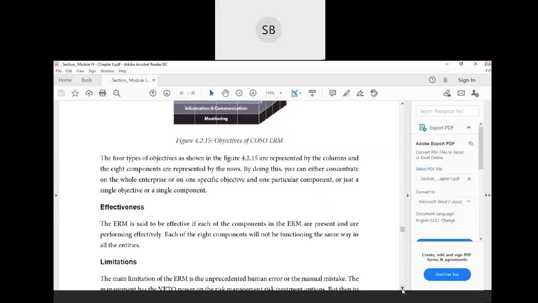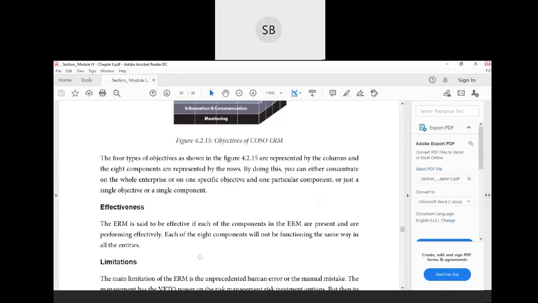The ERM is said to be effective if each of the components is present and performing effectively. Each of the 8 components will not function the same way in all entities. It will function differently in different activities, and it will be separate for each organization.